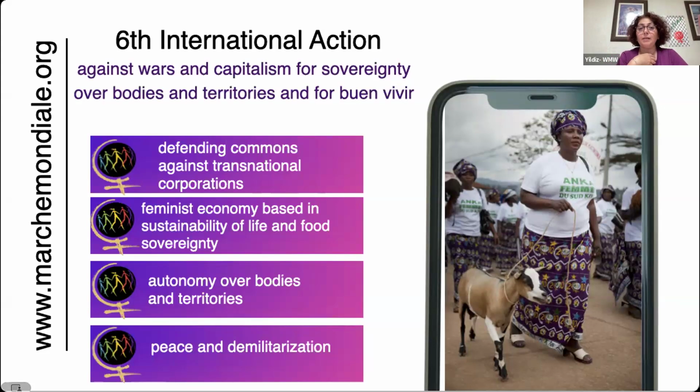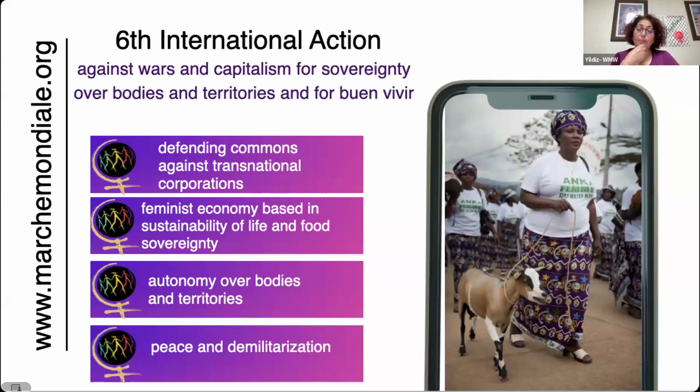The second pillar is very important, as Cindy described very well, the feminist economy. We propose feminist economy as an alternative to the existing capitalist economic system. So it is our feminist economy based on sustainability of life and food sovereignty.